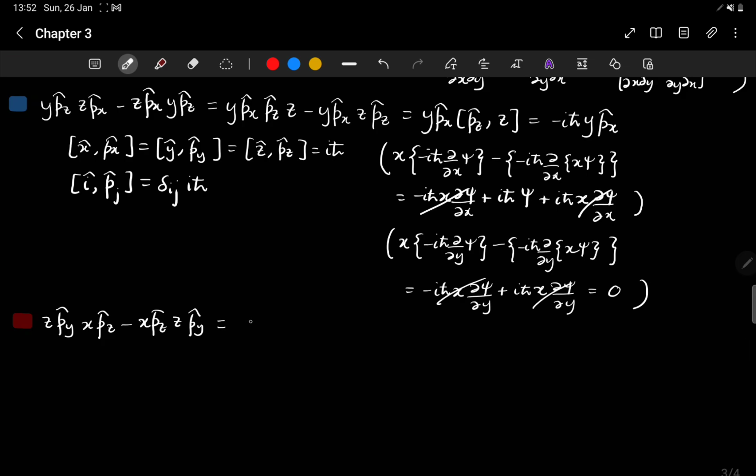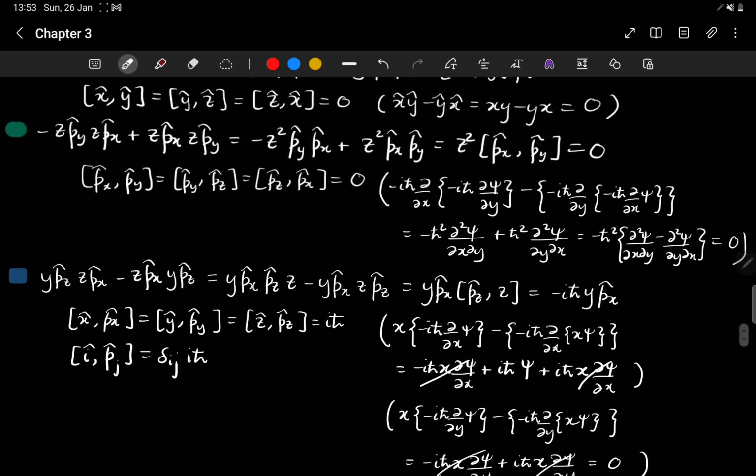This gives me x py, and again py does not act on z, so z py and py z are the same, so z can go in, z pz, minus, so py commutes with z and py commutes with pz also.